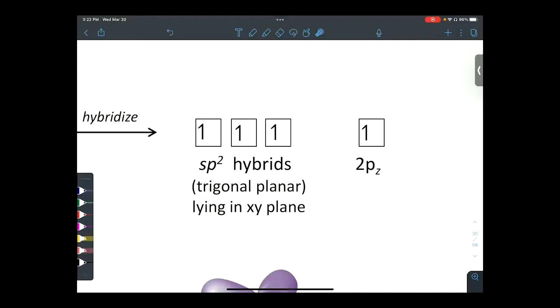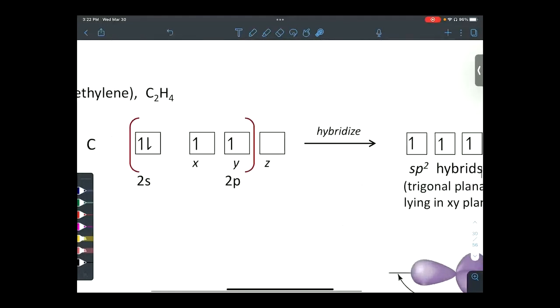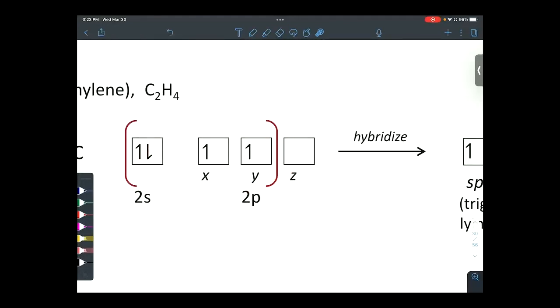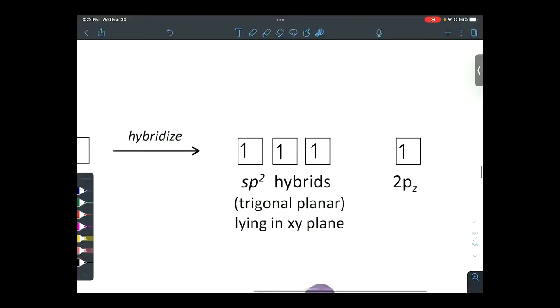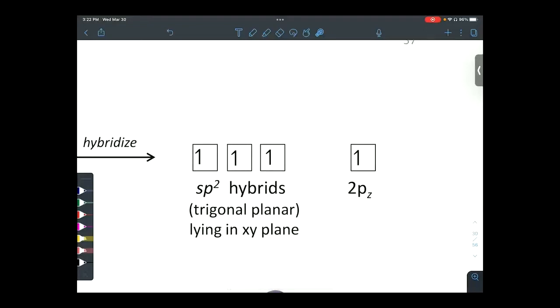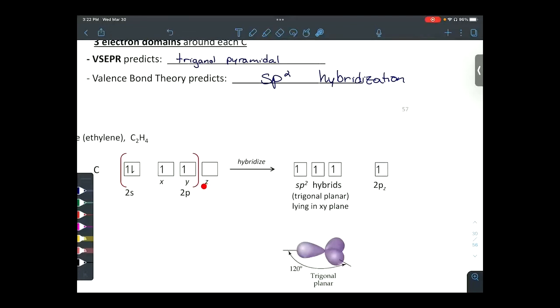So we place them all singly, 1, 2, 3. The fourth one, because this unhybridized p orbital is actually a very similar energy as these hybrids, goes into that unhybridized p orbital. So note here how on the left side I have 4 atomic orbitals, but I hybridize 3 of them. This leftover one doesn't go away. That leftover box, it's still there on this side. It's just on the end. All right, and note here I was very specific about the orientation here.